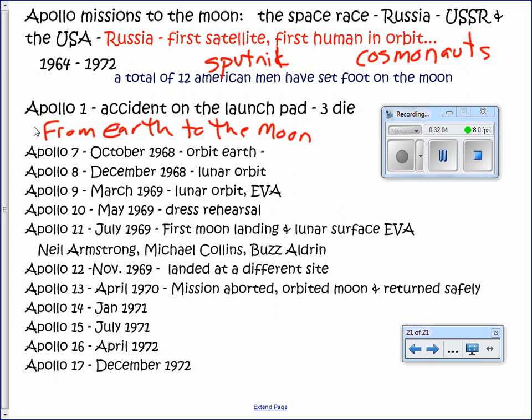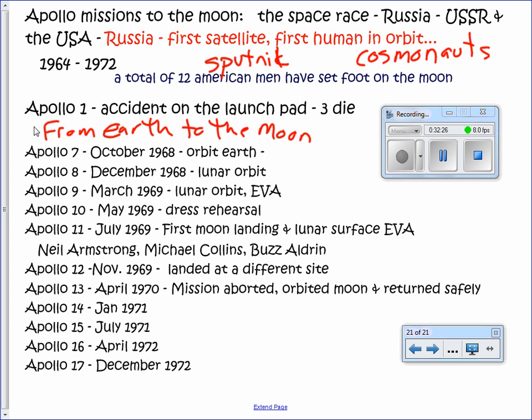They couldn't open the escape hatch because of the way the positive pressure was. The escape hatch opened inward, and the pressure was pushing against it. So they had no chance, which is absolutely tragic. But with this, they totally revamped the design. And again, if you watch From the Earth to the Moon, very good.